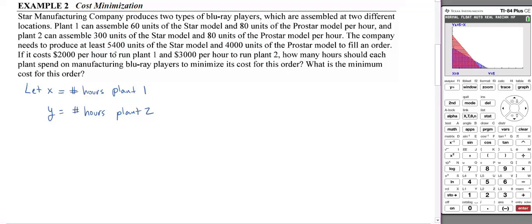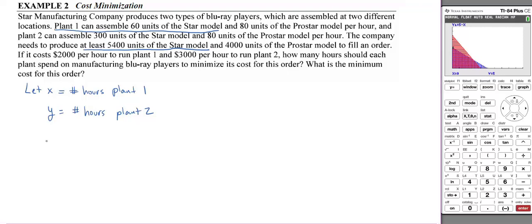So if we are looking at least 5,400 units of the Star model, let's see what kind of an equation we can make with that. How many units of the Star model is Plant 1 going to make? So we come back up here. Plant 1 can assemble 60 units of the Star model, and that's per hour, so if they operate for 1 hour, it'd be 1 times 60.